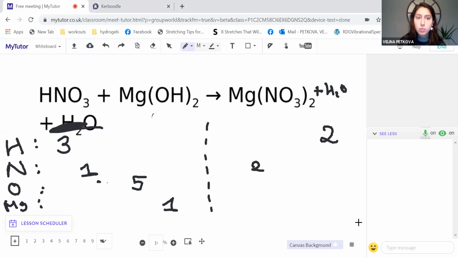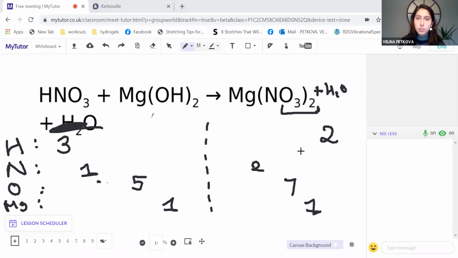That's quite a lot of oxygens. 6. Okay, so actually we have 7 oxygens. Can you see here, this gives us 6, but then there's also 1 oxygen from the water. So that's why there is 7 oxygens. And magnesium, once again, is 1, okay? So magnesium is the only happy thing.